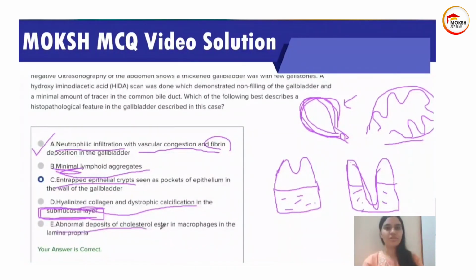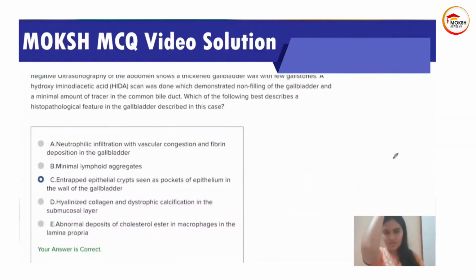Abnormal deposits of cholesterol ester in macrophages. Now, this is a very rare condition, but since it's an option, I'm going to discuss it briefly. This is a case of strawberry gallbladder, or cholesterosis. You can Google the pictures.